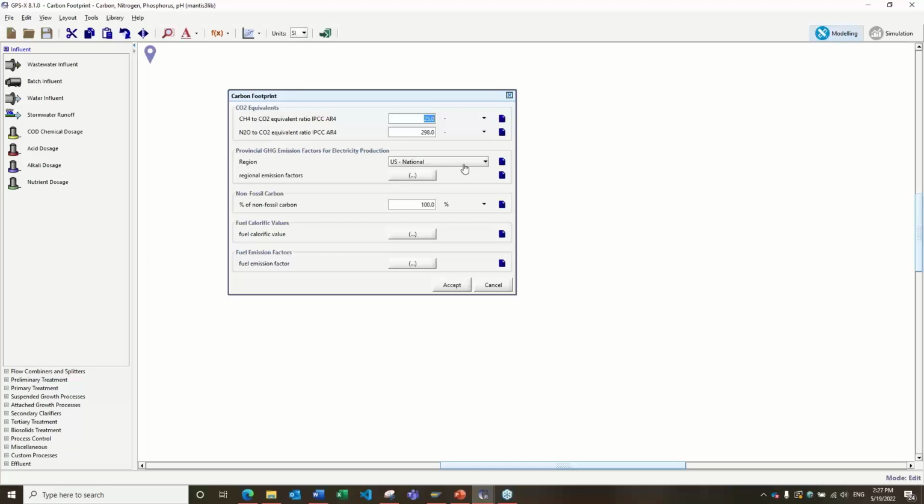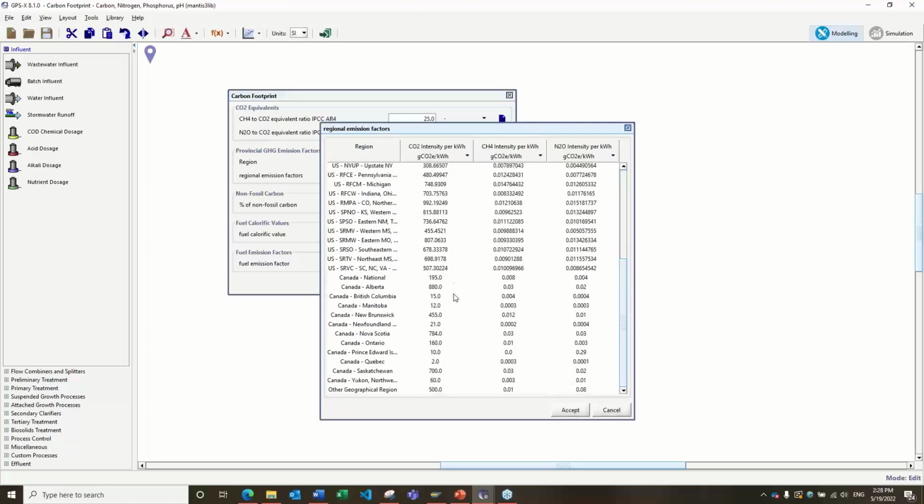If you're working in a specific region, you can come here and select any of the US regions or the Canadian region, or if this does not fit into the geographical area that you're in, then you can choose something different here. And you also have the opportunity to change these values based on the latest information that you might have from your region.